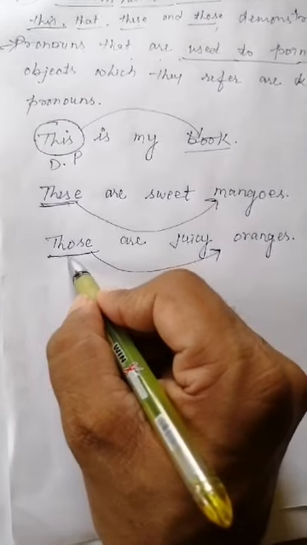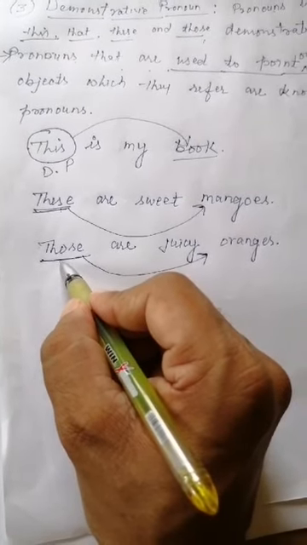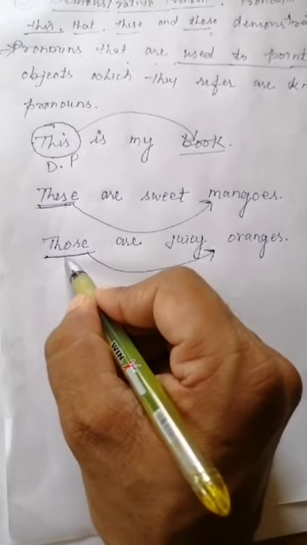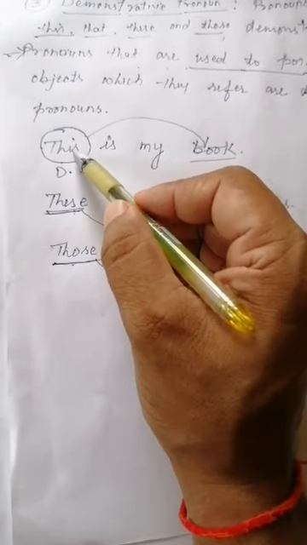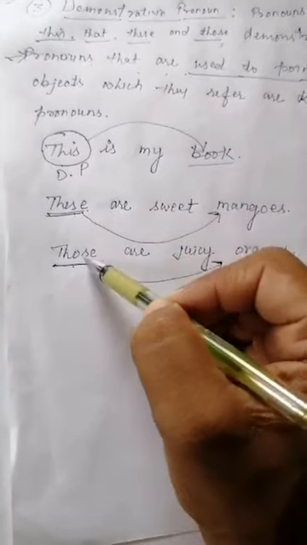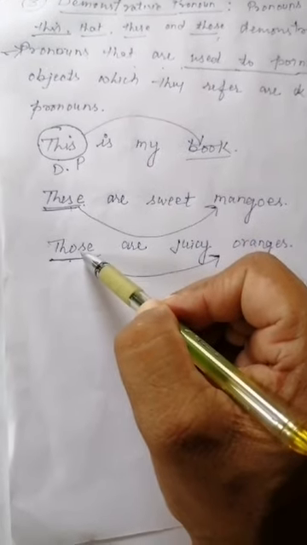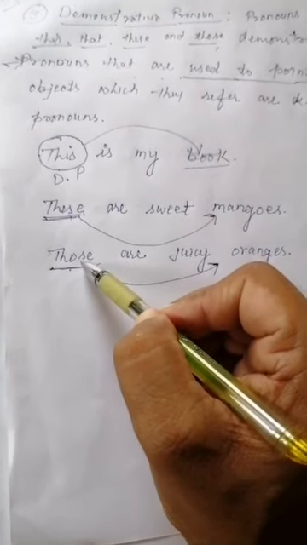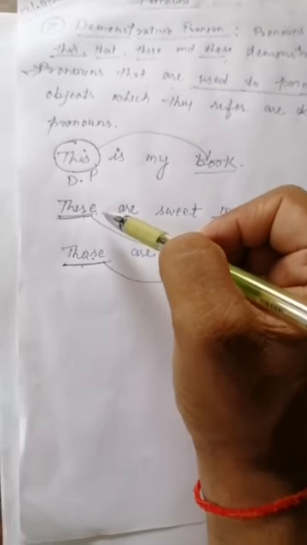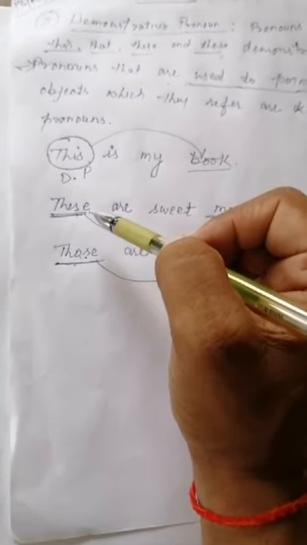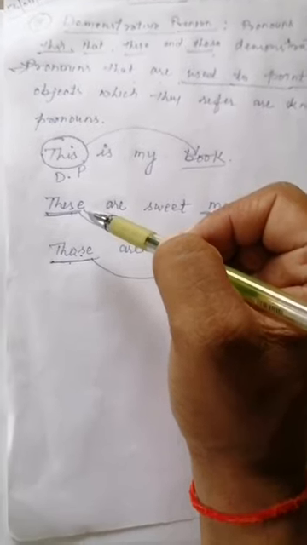So those is also your demonstrative pronoun. Now try to understand, my dear students, all these words, this, these, those, are used in place of noun, and we know that pronouns are the words which are used in place of noun.